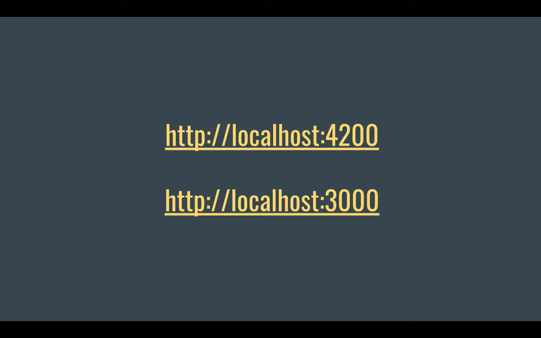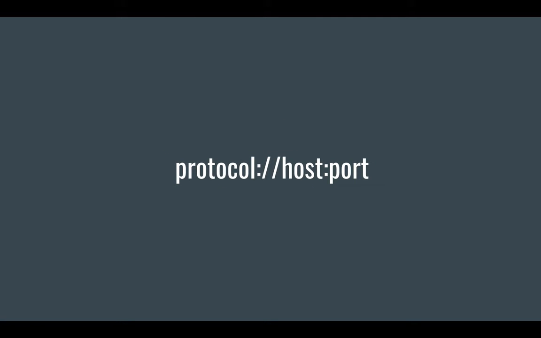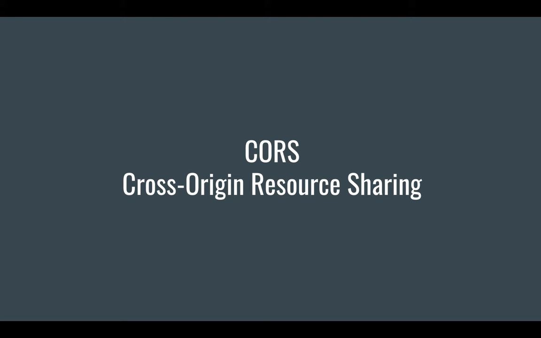That port difference was enough to trigger it, because in trying to protect you, your browser says that any server that has a different protocol, that's this part at the front that says things like HTTP or HTTPS, a different host, or a different port from the one you were on, any of those differences, then it should be treated differently. It says that you are at one origin and that the one you are calling is another origin, hence the name Cross-Origin Resource Sharing, or CORS.